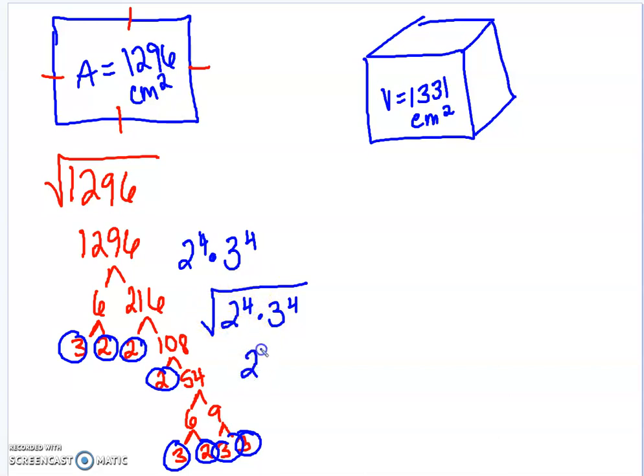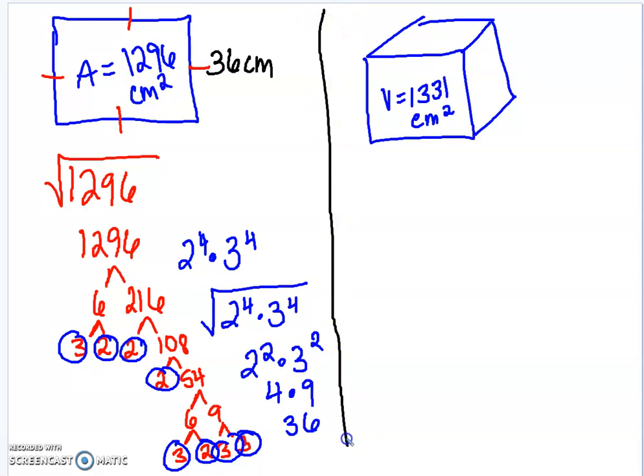So we are left with 2 to the power of 2. And the power of 4 divided by 2, which will give us 3 to the power of 2, which is just 4 times 9, which is 36. So we are saying that all of the side lengths of this square right here is going to be 36 centimeters.